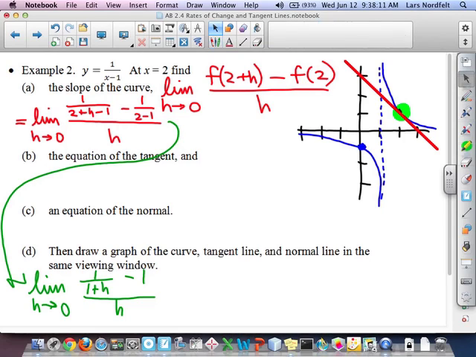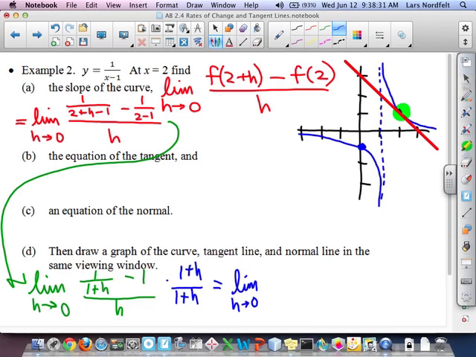So I'm going to multiply by 1 plus h over 1 plus h. I chose that because it's the little denominator. And when I multiply that whole numerator by this, the first term, the 1 plus h's, will cancel. So I just get 1 minus 1 plus h. And on bottom, I'm going to leave it in factored form. h times 1 plus h.